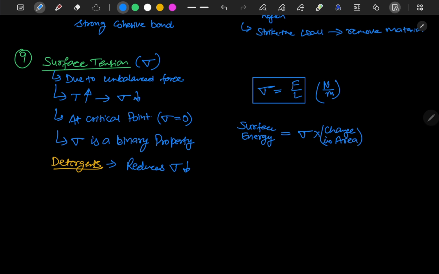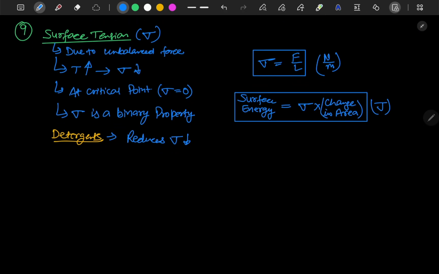And in case of a movable wire, we generally use surface tension force into delta X, and surface tension will be on both sides of the wire. Like if this is the wire, then on both surfaces there will be certain surface tension. So this is the important relation: sigma into change in area is your surface energy, and of course this is in joule.